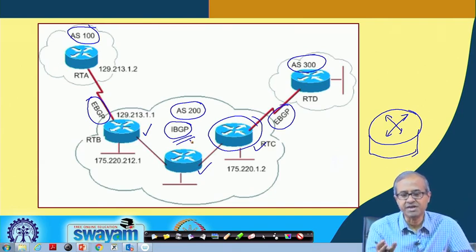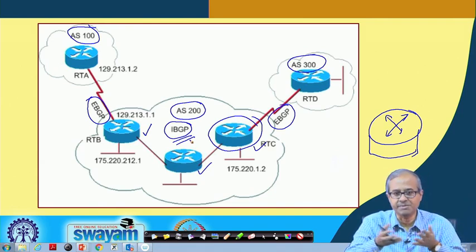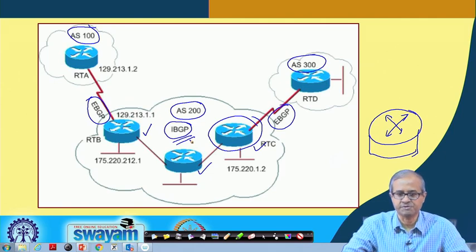So, in that case you can use the variation of the same protocol BGP both inside and also outside the network. So, you really have a choice today. Inside the autonomous system, you can either use IBGP or you can use OSPF. Both options are available.